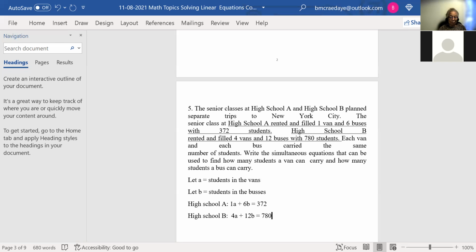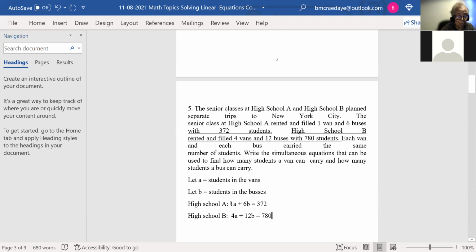See, you let the variables be the students in the van because they gave you the van number and the bus number, right? And they gave you the total of the students. But to find the students in the van, you'd have to multiply the number of vans times the number of students.